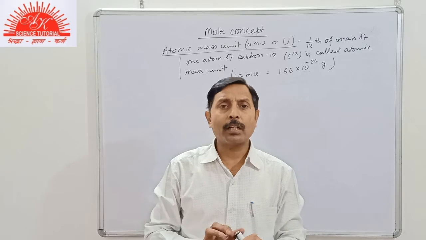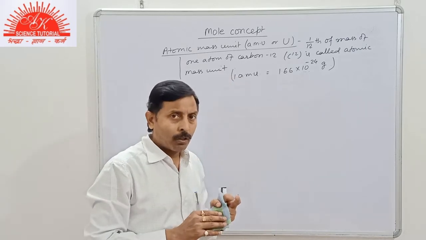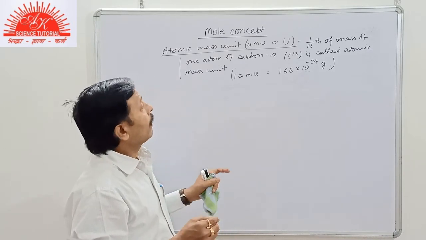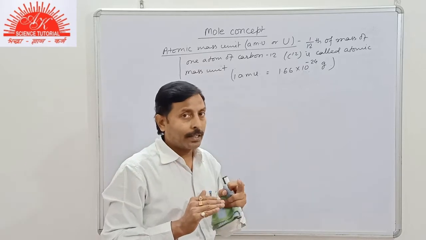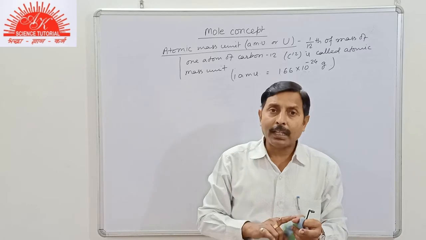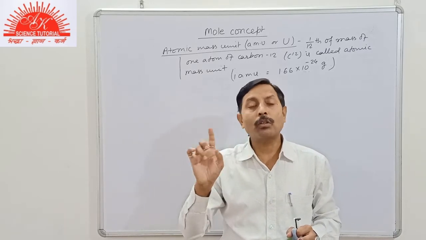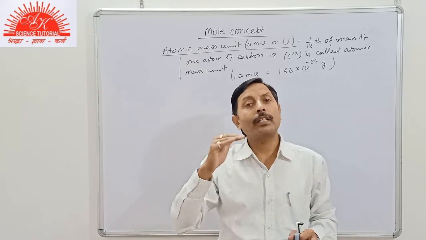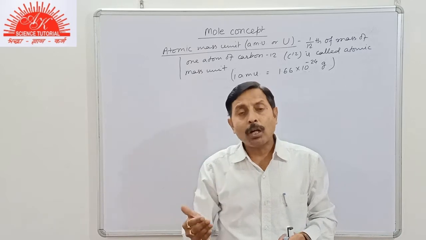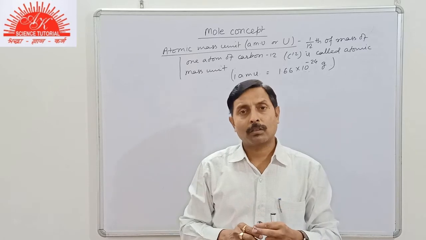Now, clear students? In the previous part we have studied, that is in Avogadro's law, while explaining it, I had discussed that C12 is taken as a standard, and in atomic mass of every element there was a fixed number of atoms, that was 6.023 into 10 to the power 23 atoms in it. Similarly, the gram molecular mass of every substance will have that number of molecules.